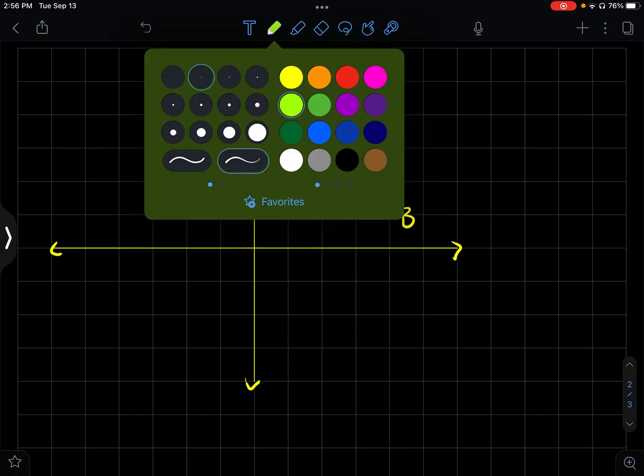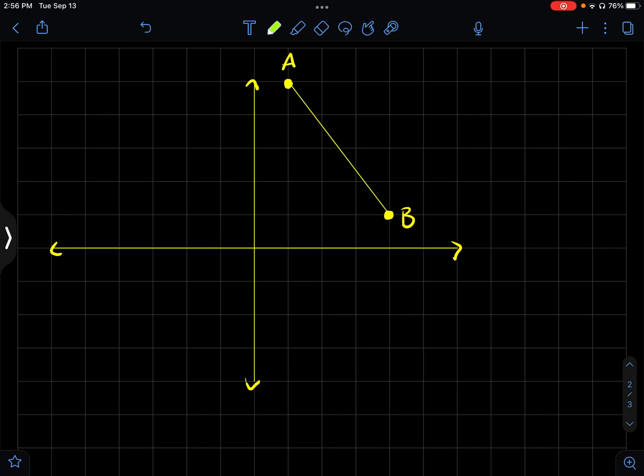So what we can do here is from A, I can sketch vertically until it lines up where I can go horizontally over to B. And those 2 distances, using the counting method, 1, 2, 3, 4, this is 4 over here. 1, 2, 3, this is 3 over here.